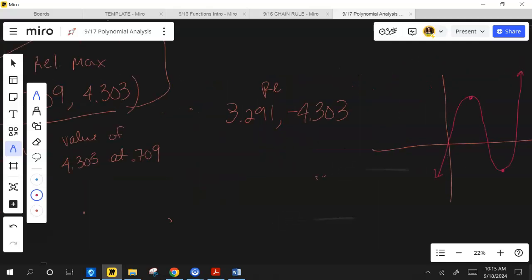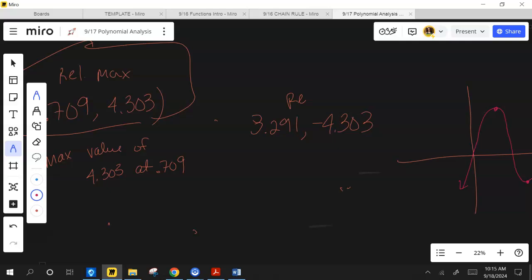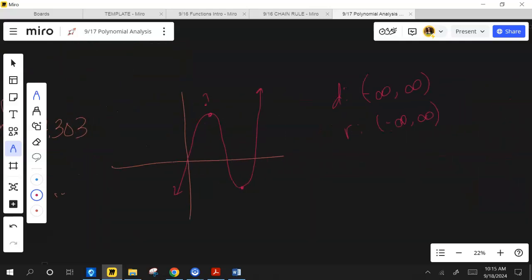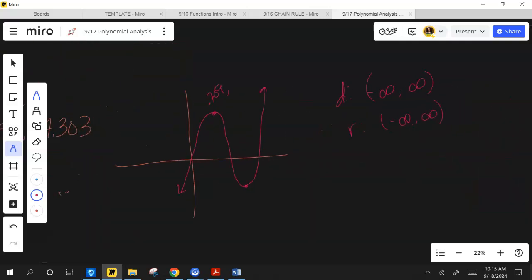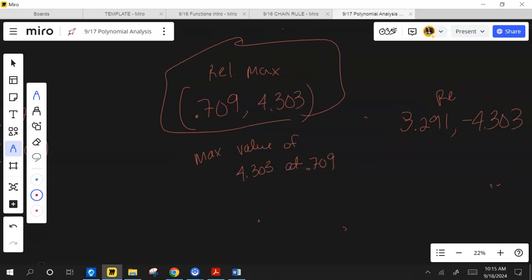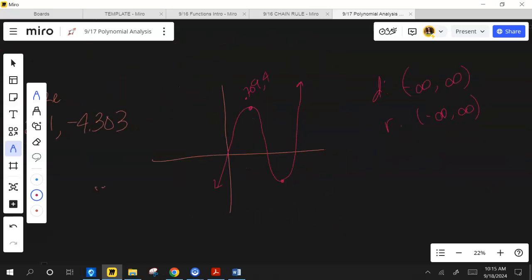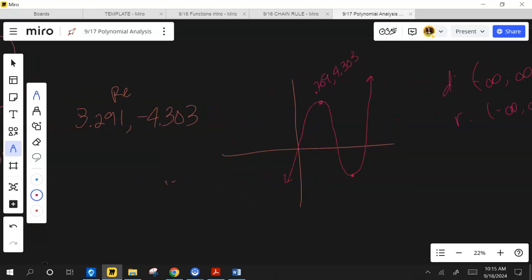The max was 0.709, 4.303, and then this one was 3.291, negative 4.303.